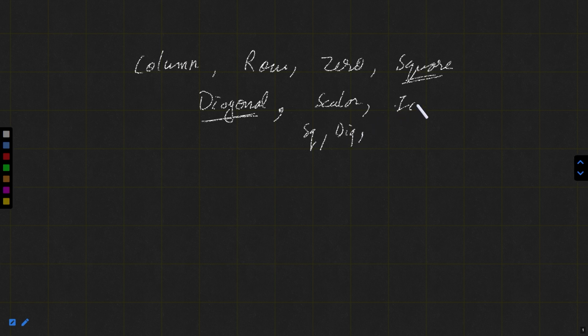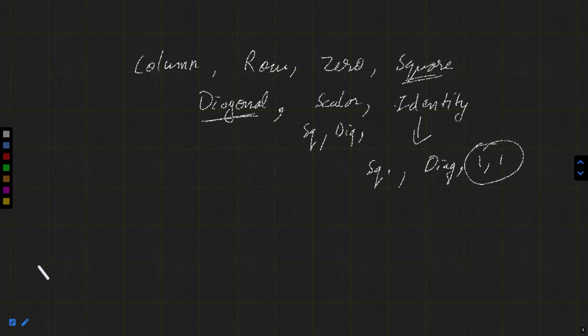Now identity matrices are those matrices in which first of all it must be a square matrix, it must be a diagonal matrix, and the diagonal entries must all be equal to 1. I hope that it is clear to you. So please do refer to my first session if you are confused with any of these definitions.